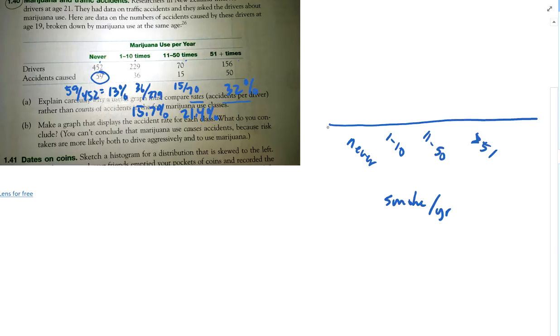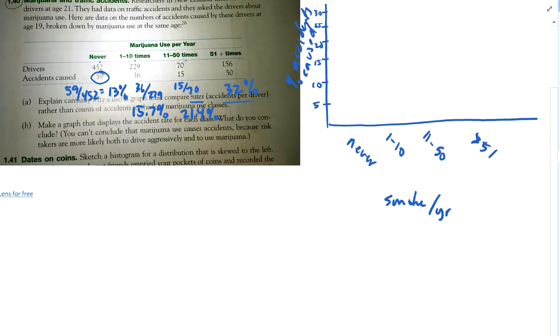Then on the vertical axis we're going to do the percent of accidents caused. I'm looking at 13 to 32%, so I'm going to go 5, 10, 15, 20, 25, up to 30.